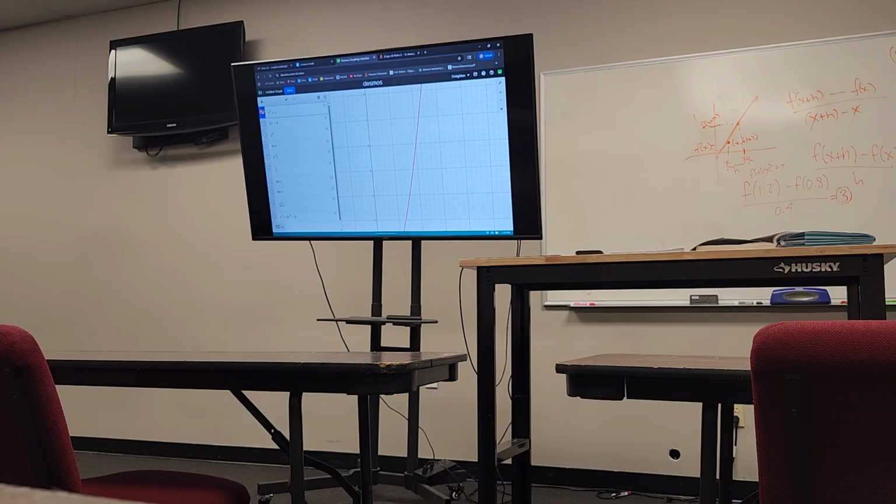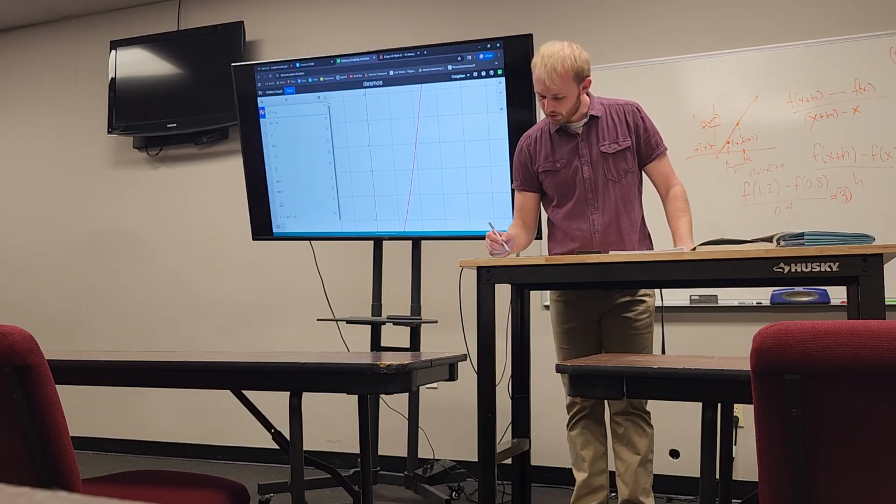It's about 4.66. So the slope of that secant line is 4.66.